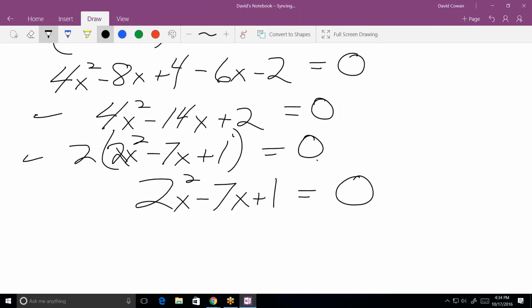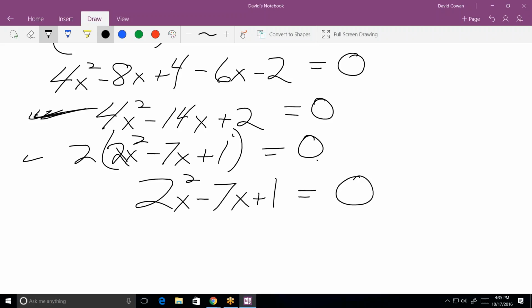And the reason this is superior to this is because it's smaller numbers. In other words, it didn't really change anything. I'm still going to have to use the quadratic formula, but it gave me smaller numbers to deal with, and that's always worth doing. I could have plugged these numbers into the quadratic formula, and I would have gotten the same answer.